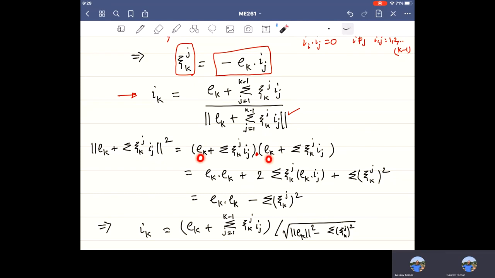Then you have ek dot the summation. If we're dealing with real vector spaces, it's going to be 2 times the summation of ek dot ij, because for real vector spaces ij dot ek has to be equal to ek dot ij, correct?